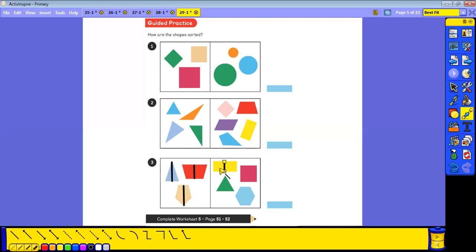So our rectangle, let me undo that. It wasn't quite central, I don't think. Okay, we've got 2 on our square. Don't you love my straight lines now, children?